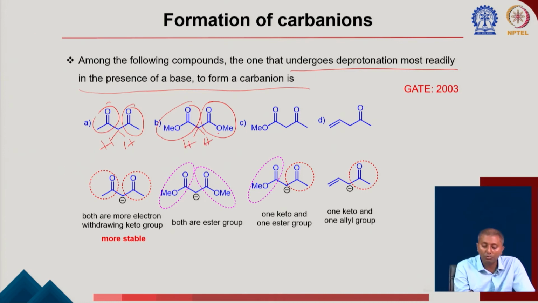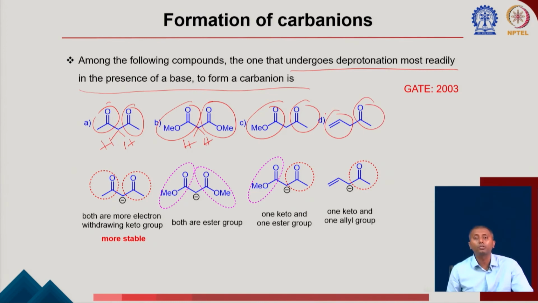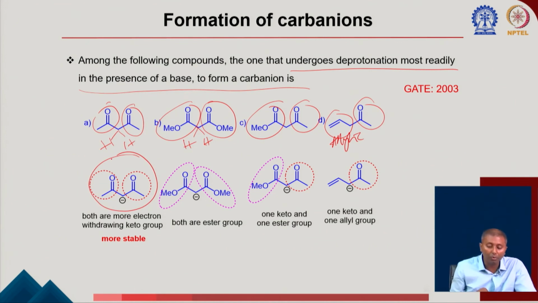Now there are two esters versus one ester and one carbonyl, and one double bond. So this will be allylic versus a carbonyl group here. This is the compound which undergoes deprotonation faster, because the carbanion will be more stabilized through the two carbonyl groups.